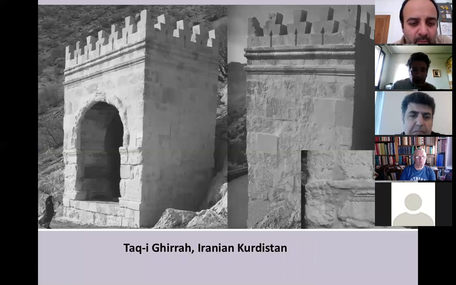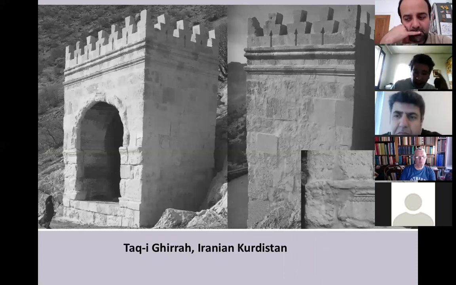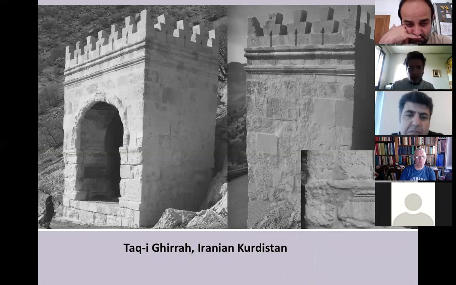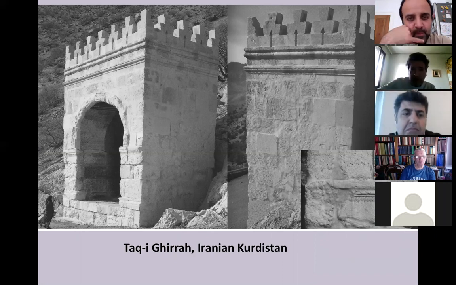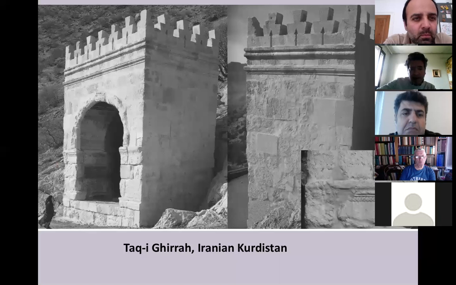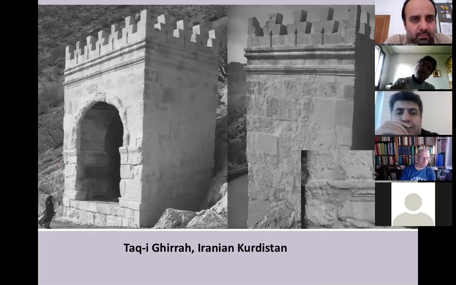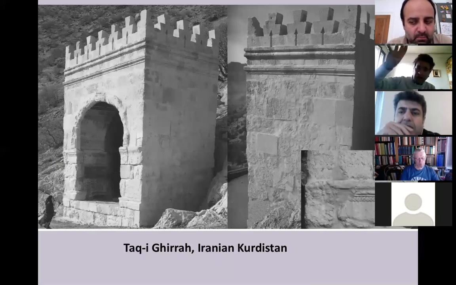I call your attention on this monument, which is not very far from Taq-i Bustan. Actually, it's exactly the same monument, but unfortunately, very little decorations survived. We have something in the external part, and then we have this crenellation with this arrow opening.